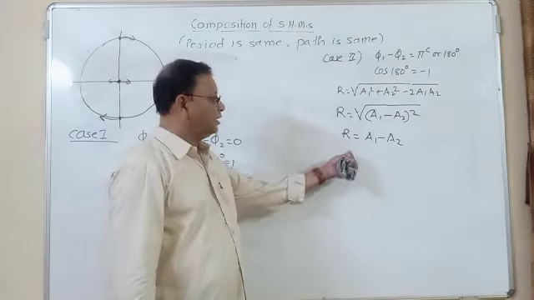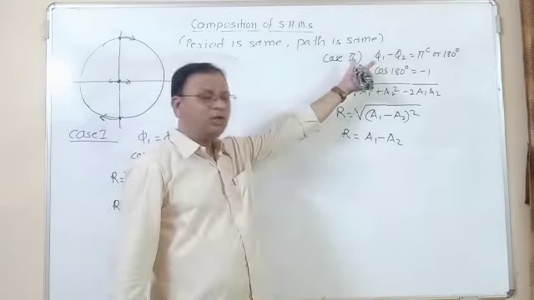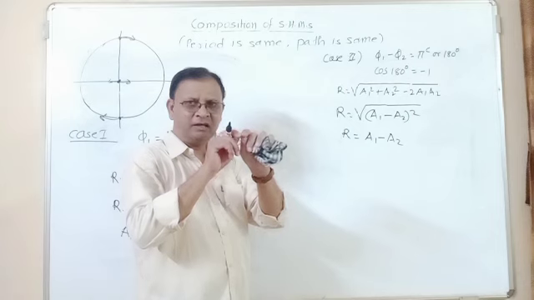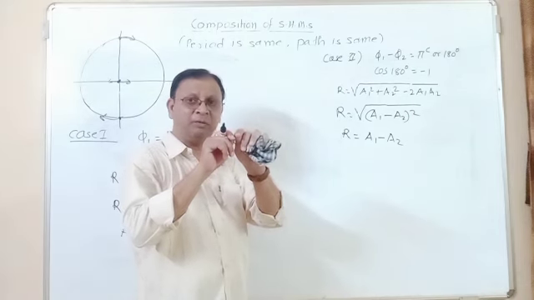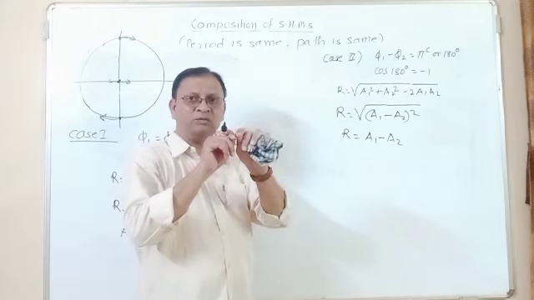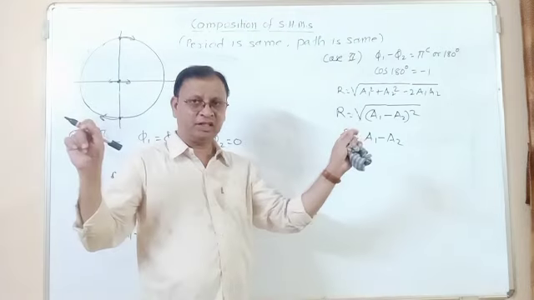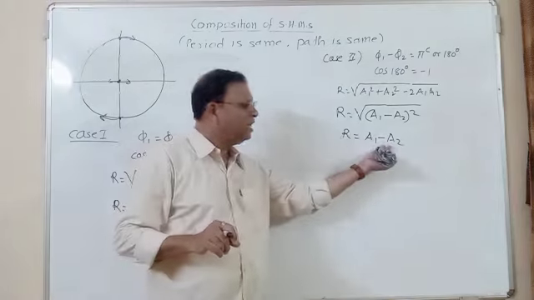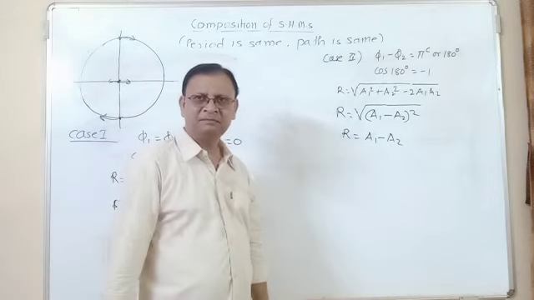So when the phase difference between the two S.H.M.s is 180 degree, that means a single particle is performing both the simple harmonic motions in opposite direction, then the resultant amplitude is the difference between the individual amplitudes.